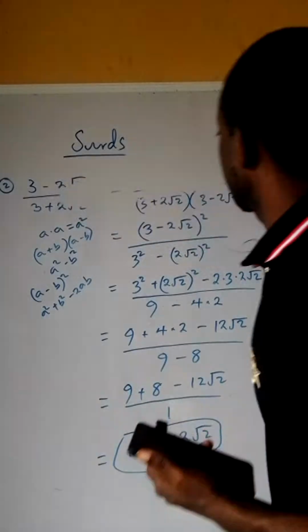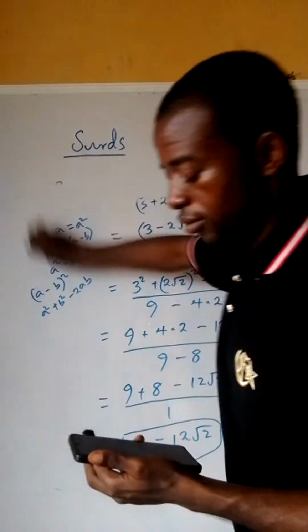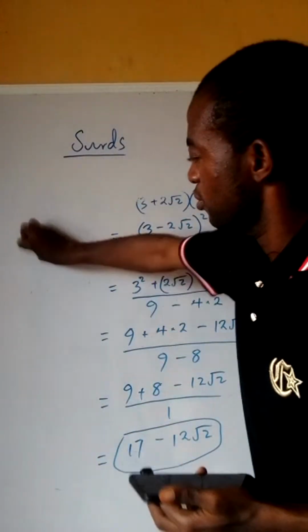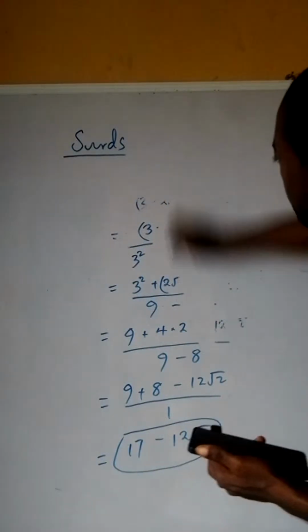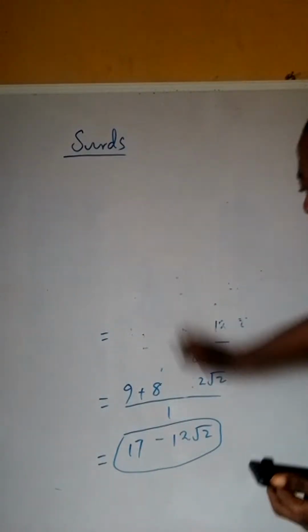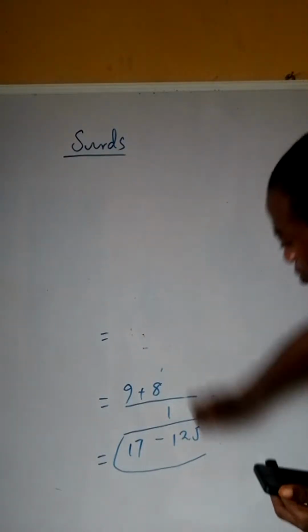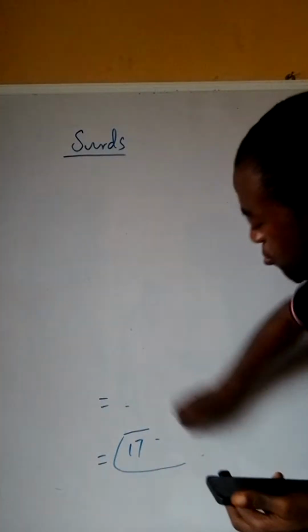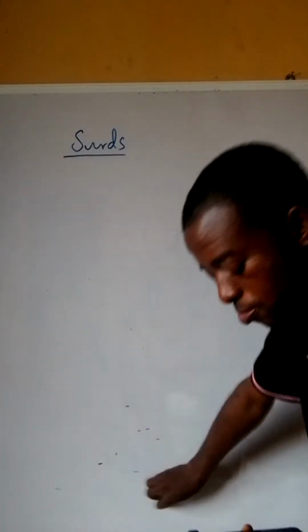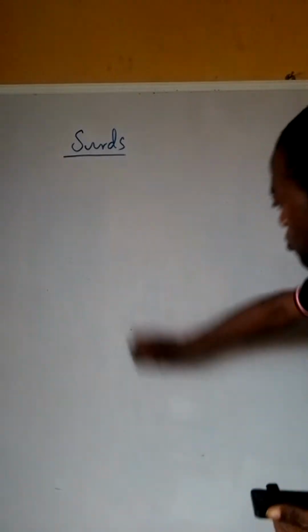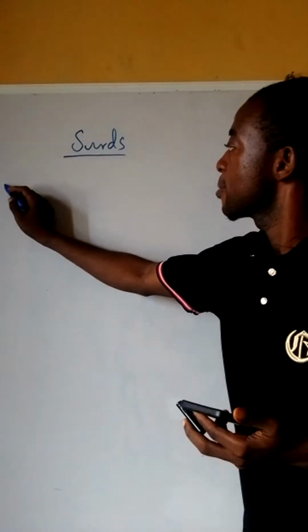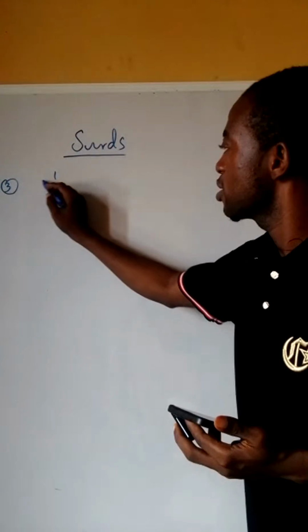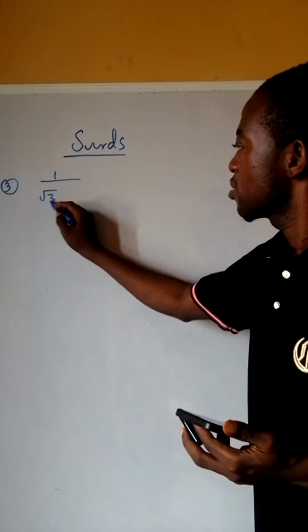We have to simplify 1 over root 3 plus 1. That's number 3. Simplify 1 divided by root 3 plus 1.